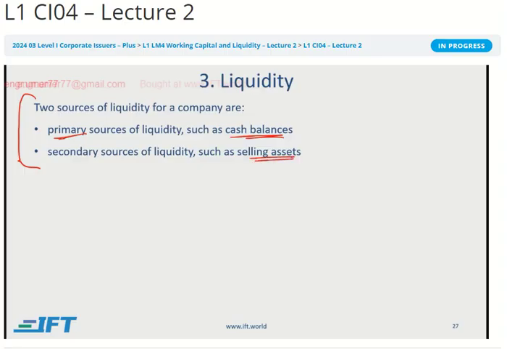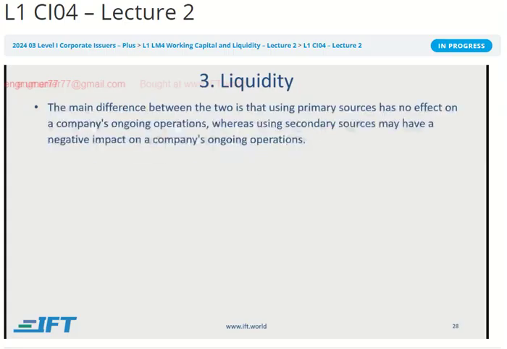Now, naturally, that is not a good thing, especially if you need those assets to continue your business. So using primary sources of liquidity has no effect on your ongoing operations. However, using secondary sources may have a negative impact on the company's ongoing operations depending on what are the assets that you are selling.